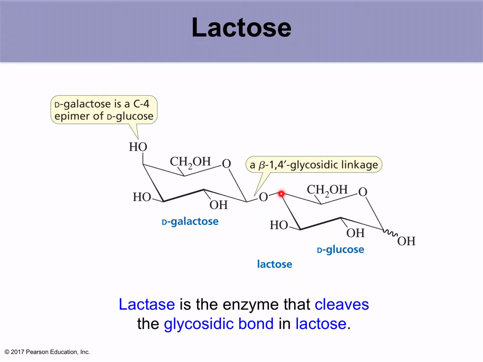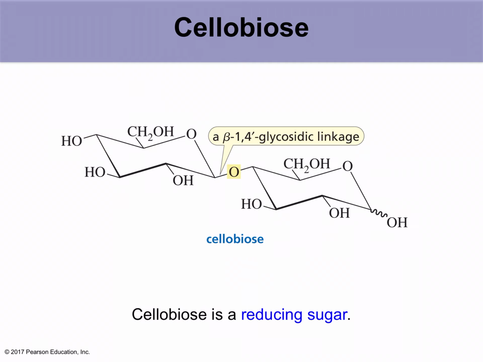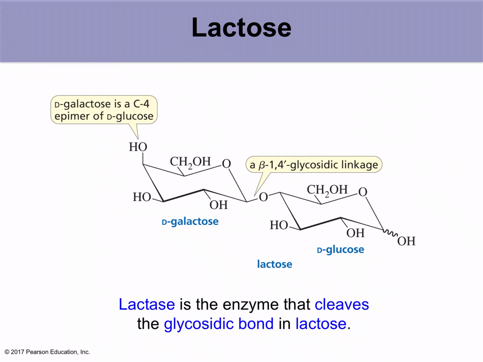This is also a reducing sugar, because even though you have an acetal here, you have a hemiacetal as part of the other molecule, the D-glucose. So lactose is made of two monosaccharides, D-galactose and D-glucose. Lactase is an enzyme that cleaves the glycosidic bond in lactose, and lactose is also a reducing sugar.